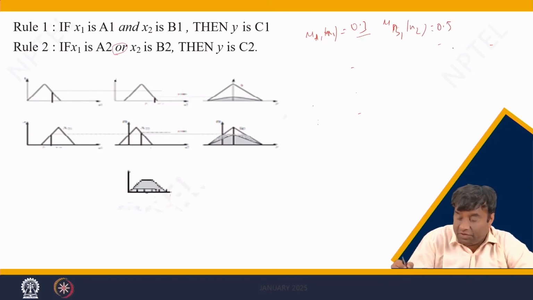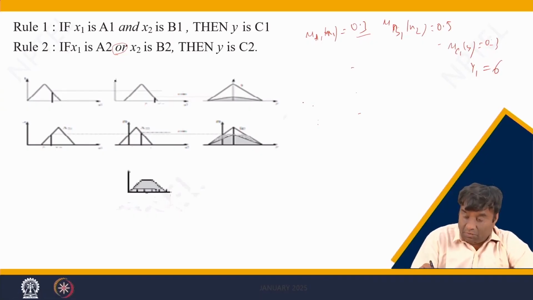So that is the minimum value. So mu C1(y) is 0.3, and we assume y1 equal to 6.